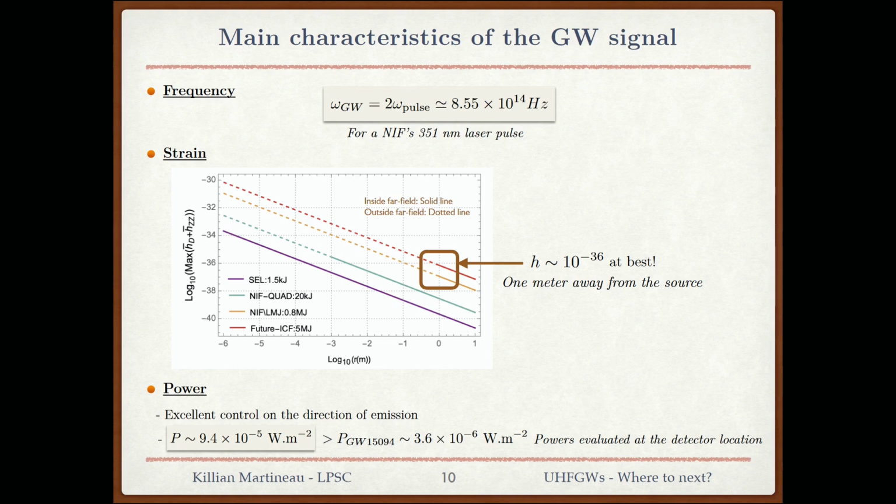So of course, I do not claim at all that twisted beams of light do radiate more energy under the form of gravitational waves than a binary system of black holes, because the distances to the source are extremely different. But if you really think about the power evaluated at the detector location, so maybe you can have comparable powers.